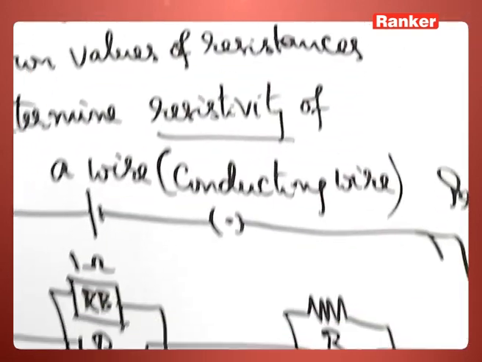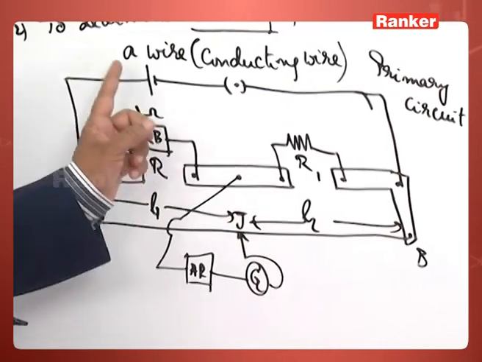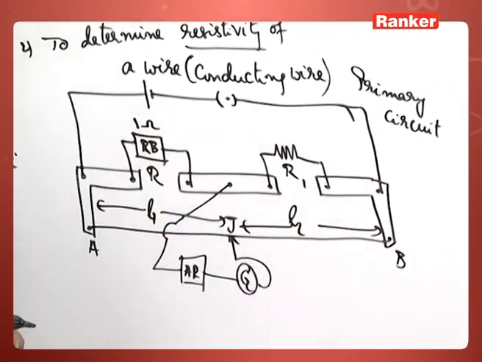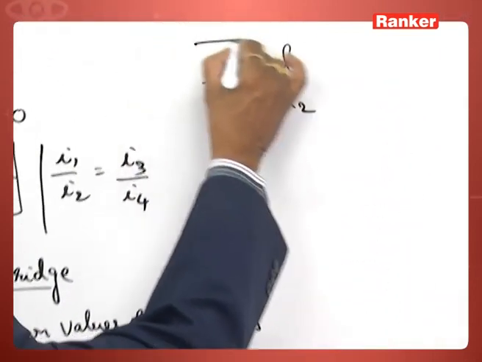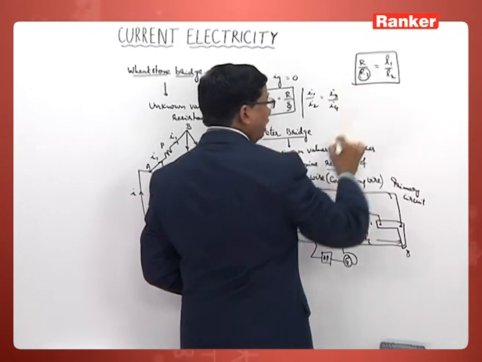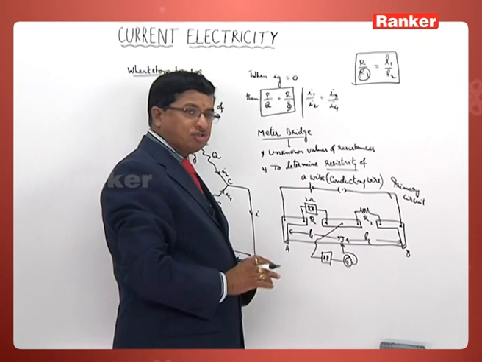This balance length we are obtaining as L1 and this one as L2, so R by R1 is equal to L1 by L2. In fact, this is the equation by means of which we can calculate this unknown resistance R1 using the meter bridge.